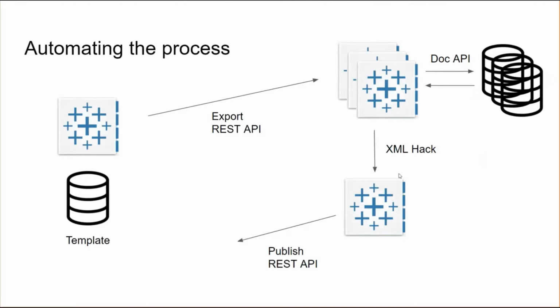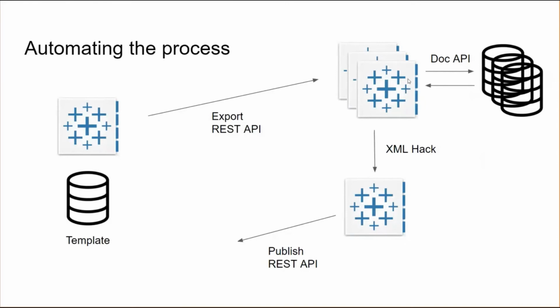Now, effectively, what we talk about when we talk about XML hacking at Tableau is the Tableau document, the TWB document itself, is just an XML file. And the Document API that Tableau provides is effectively just an XML parser that allows us to change those XML tags.